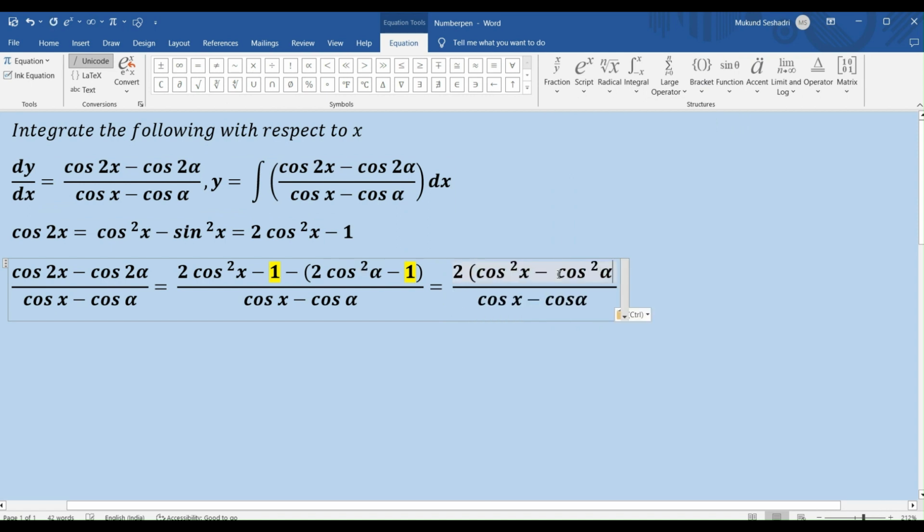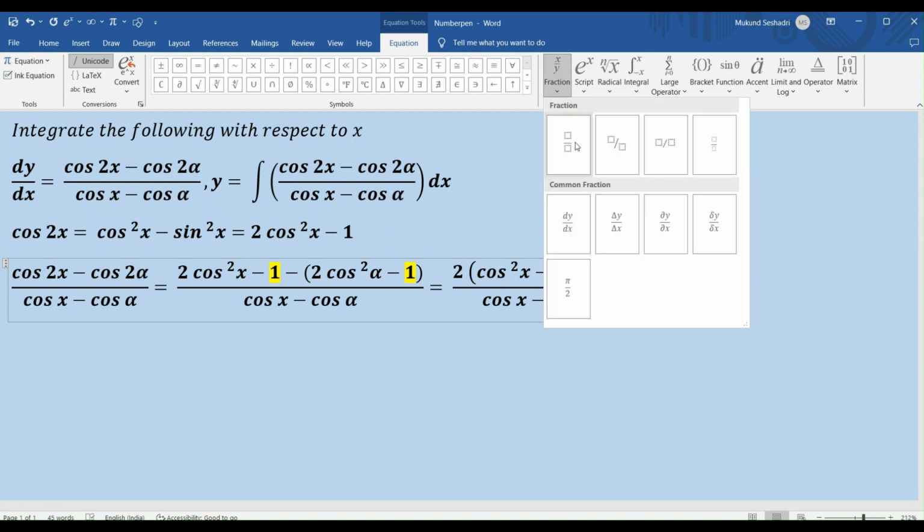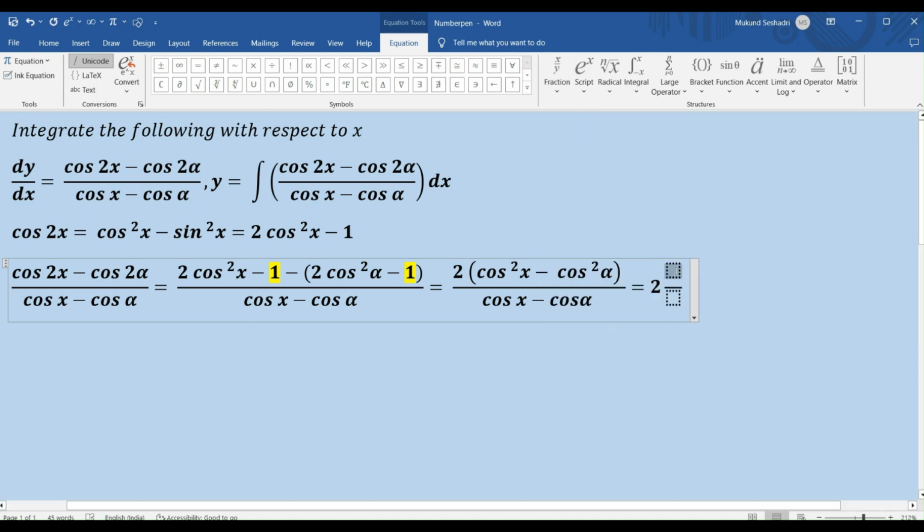Now this becomes a lot simpler for us, right? I know that cos square x minus cos square alpha is of the form a square minus b square, which means I can rewrite this as a minus b into a plus b. And what is a minus b into a plus b? It is nothing but cos x minus cos alpha into cos x plus cos alpha.